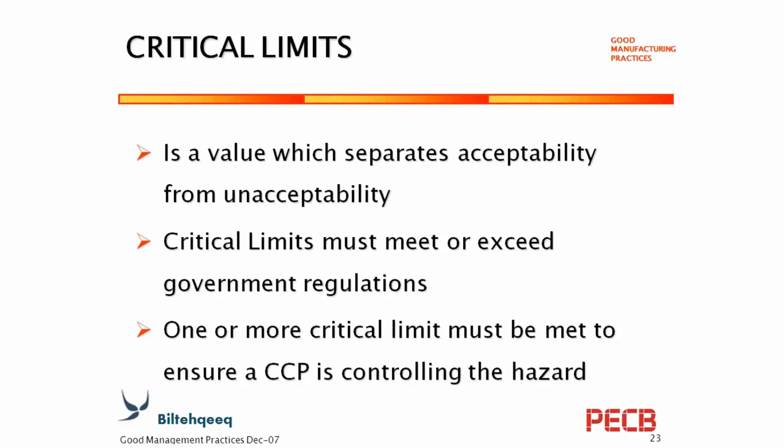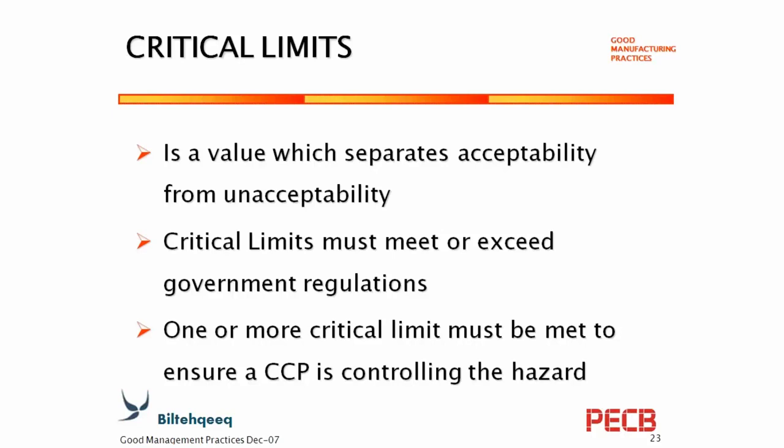The critical limits are basically values within which these parameters are acceptable, and beyond which these parameters are not acceptable. So you have to define the values for acceptability and non-acceptability.